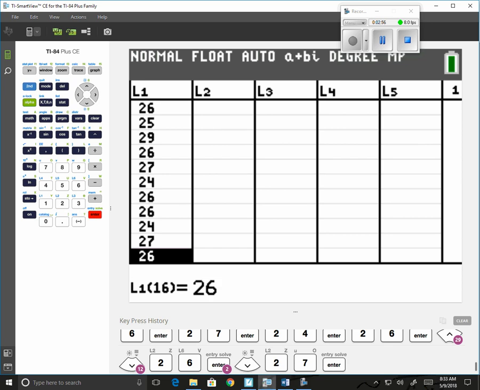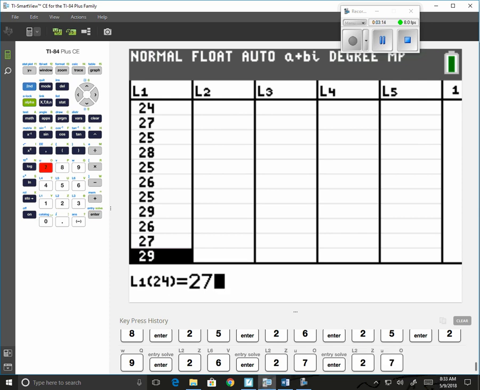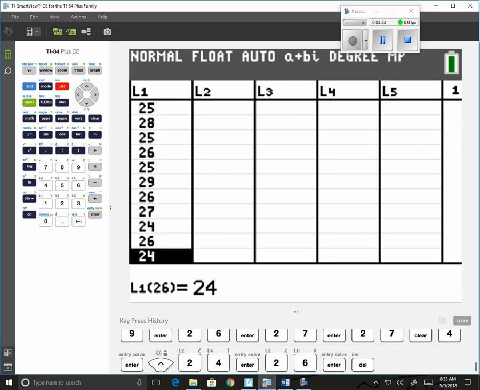Then after 27 should have been 25. Then 28, then 25. Then 26, then 25. 29, 26, 27, 24, and then 26. After that, I had extra data. Okay, so we checked it, we have 25, and we double checked it, so we're good.